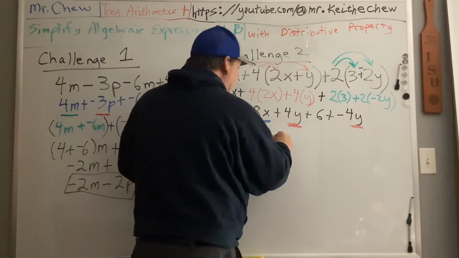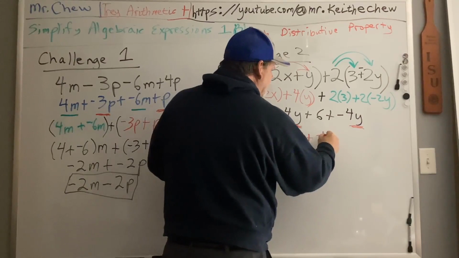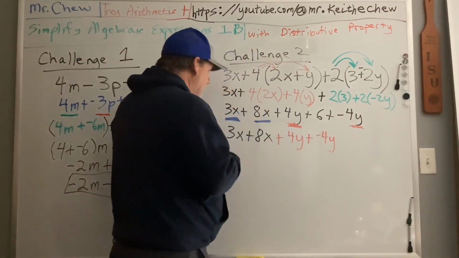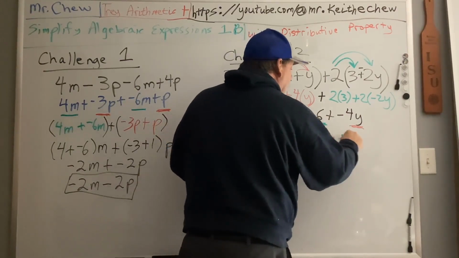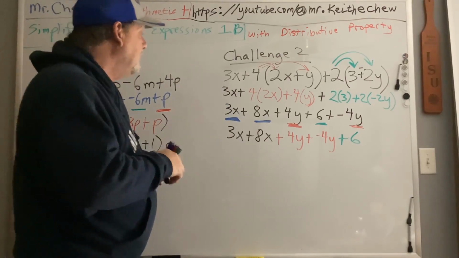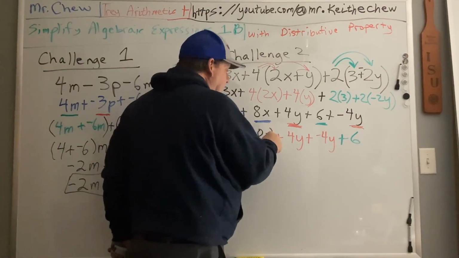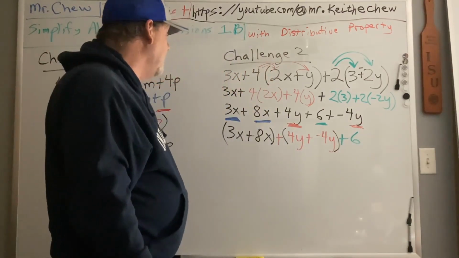So let's write it down. Now you're saying, wait a minute, there's something left. Yes, because everything has to have an underline. There's nothing else, so I don't combine any like terms with that. So now I've got like terms here. I've got like terms here. I just have that constant out on the end.